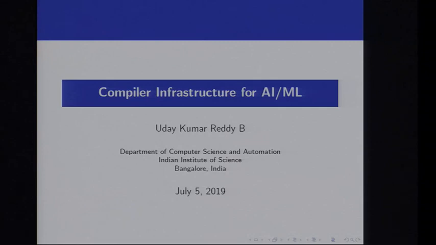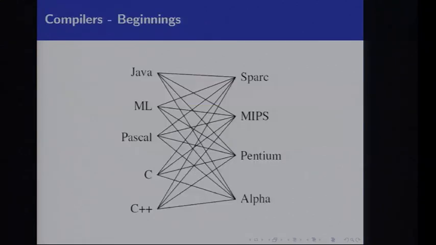So compiler infrastructure for AI and ML. Compilers is the area that I work in, and it's also the area in which my startup is being founded. If we go to the beginnings, in the early days, people used to build compilers. You had a new language, and let's say the company had hardware, and they used to build a compiler for that language and for that specific hardware.